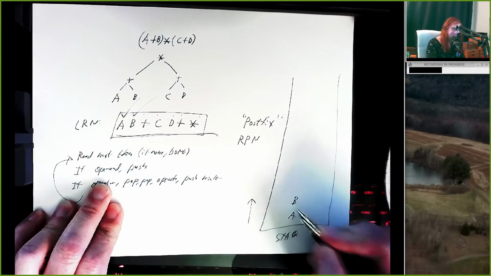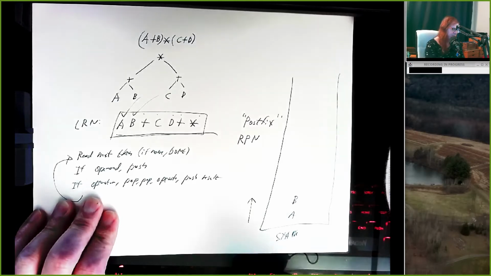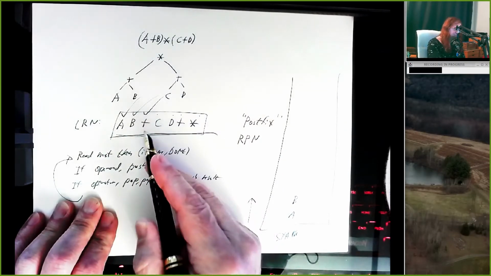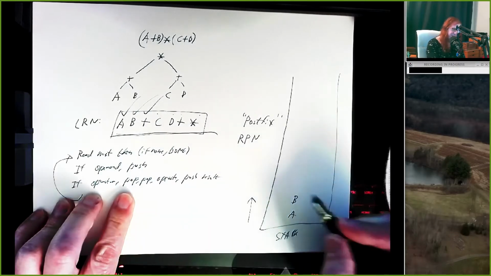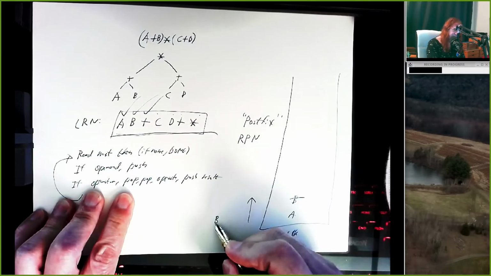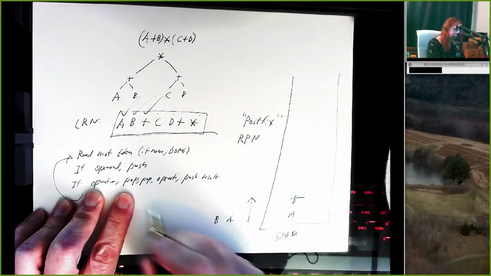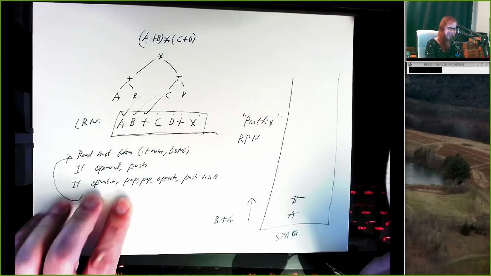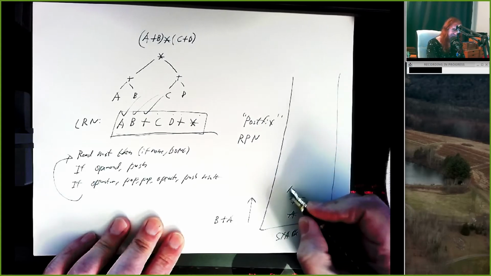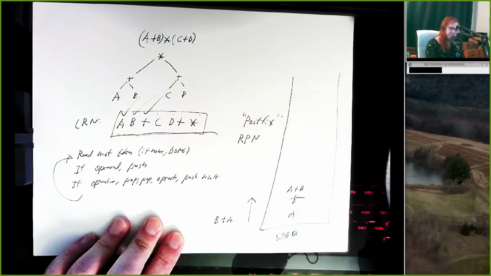Push that on the stack. So now we've got two things on the stack. Read the next token. That's a plus symbol. That is an operator. If it's an operator, pop the top two things from the stack. So pop off the B, pop off the A. Apply the operation, so do A plus B. Push the result on the stack. So now the only thing on our stack is A plus B.